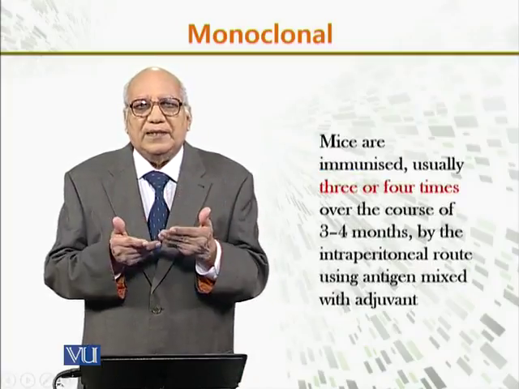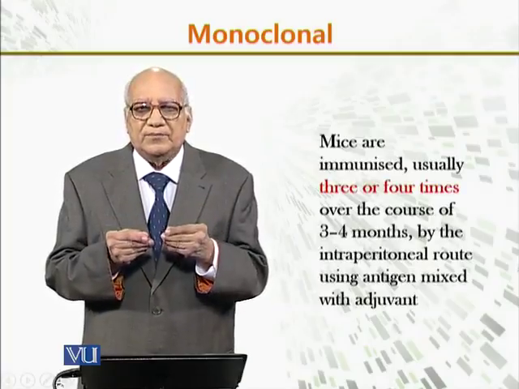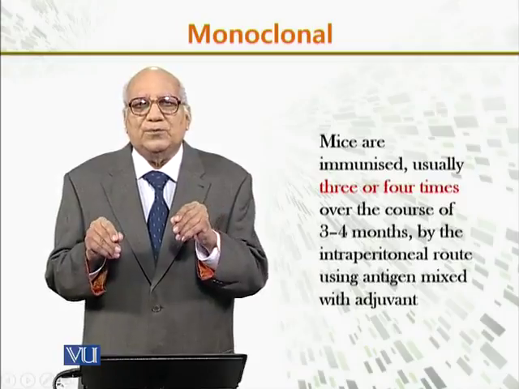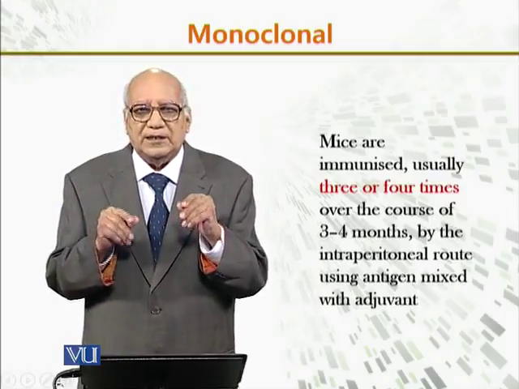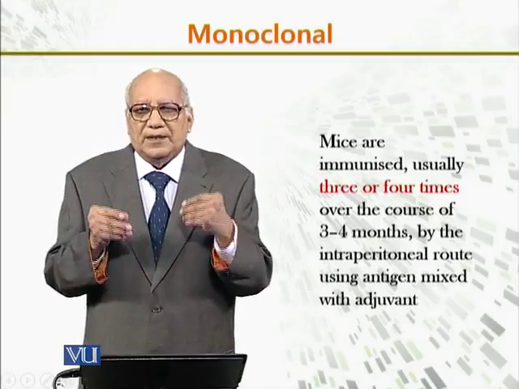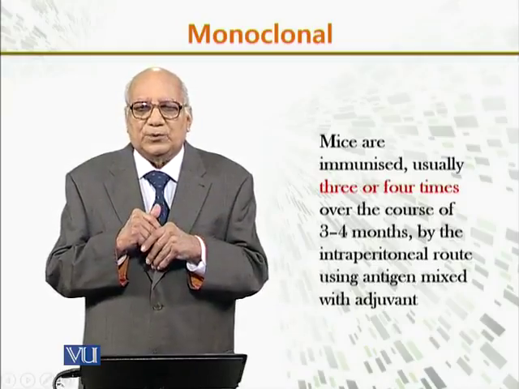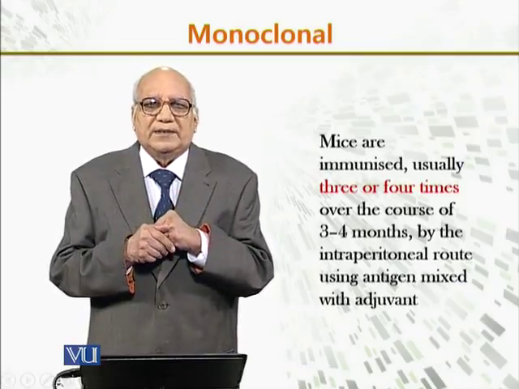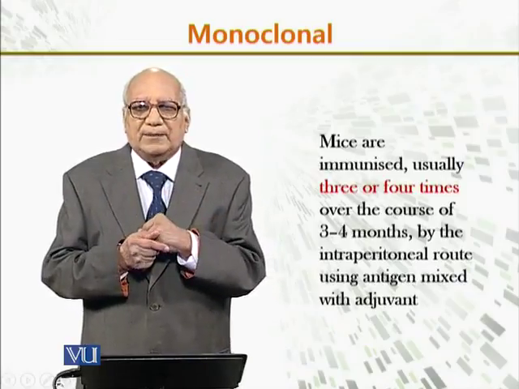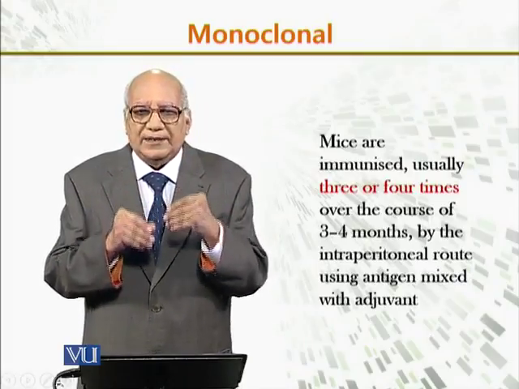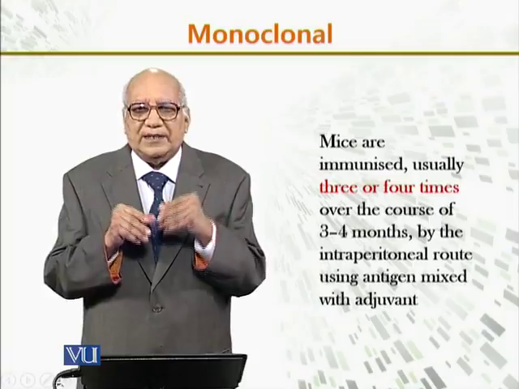Now, mice are usually immunized 3 or 4 times over the course of 3 to 4 months, by the intraperitoneal route, using antigen mixed with adjuvant. The adjuvants are compounds which reduce the antigen quantity needed.